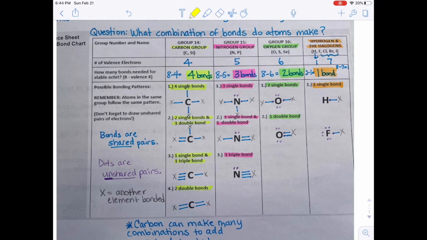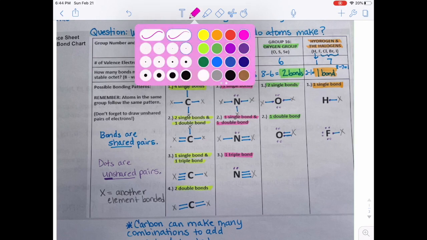Now that's true for carbon, but it's also true for silicon, Si, because Si is right below carbon in that same group. Si has 4 valence electrons, so it also needs 4 bonds. So if you see Si in a molecule, it's going to match what you see here for carbon. Same thing with group 15, the nitrogen group.